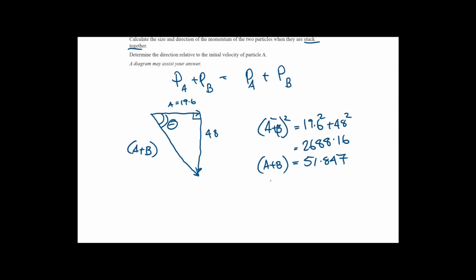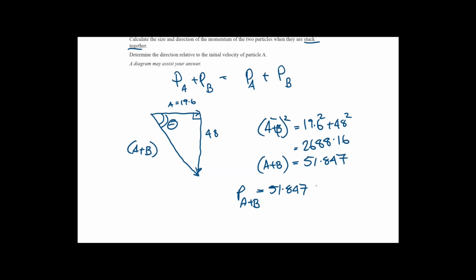The second thing we need to know is the velocity that they're going to be doing. Well, the momentum of A plus B is going to be equal to 51.847.